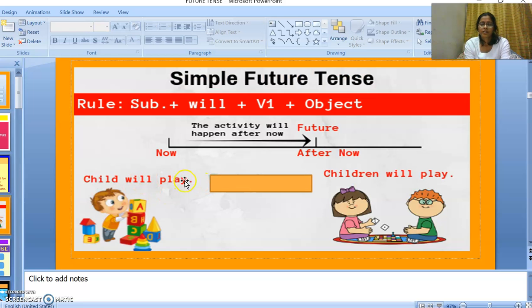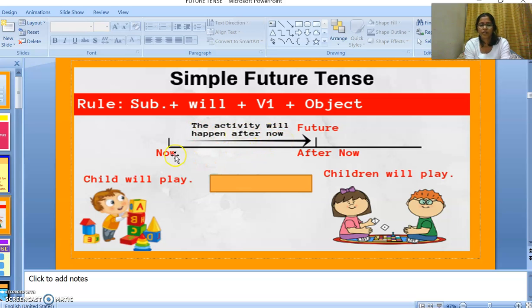Okay, another timeline for better understanding of the concept. Here, just look at this timeline. This here is written now, and here is written after now. Let me read the sentence. The activity will happen after now.